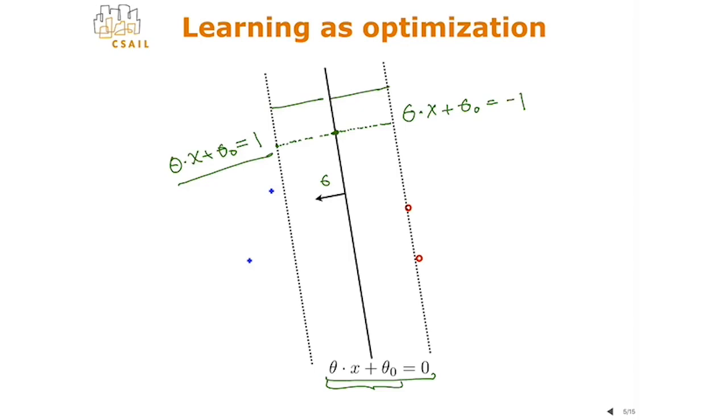And we can now try to push these apart because the margin boundaries themselves are also defined by the parameters that we wish to optimize, the theta and theta naught. It remains to understand the distance that the margin boundaries lie from the decision boundary and how we can control it. To this end, let's write down the decision boundary again here.